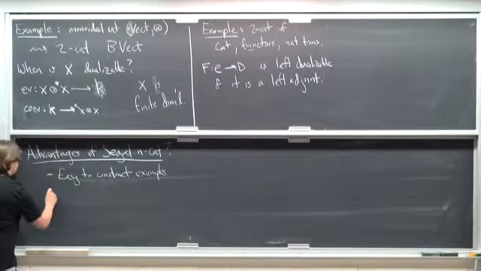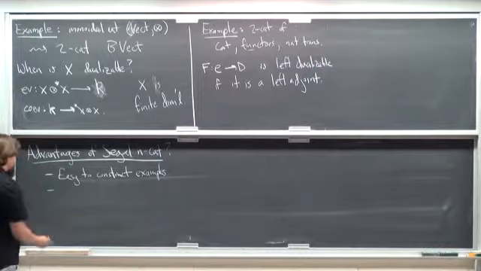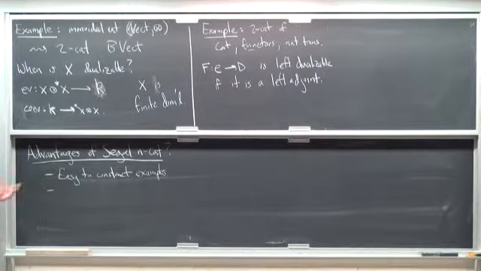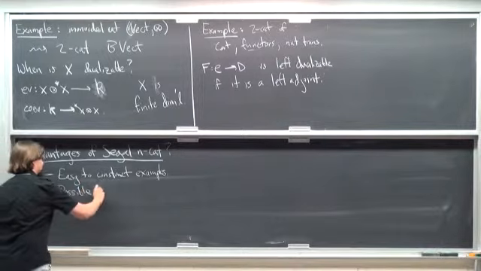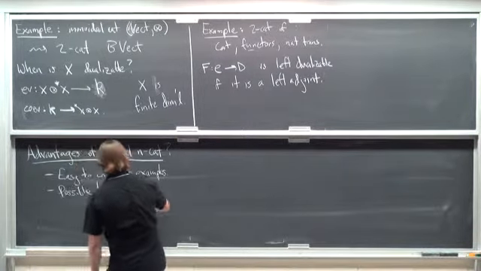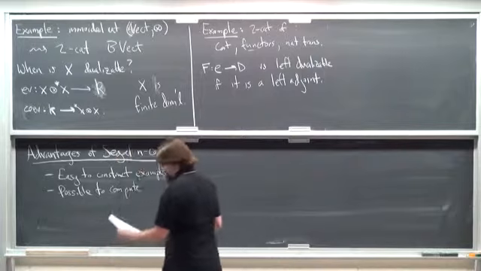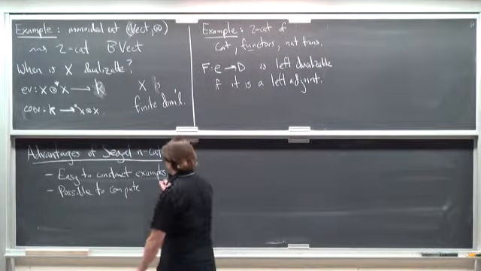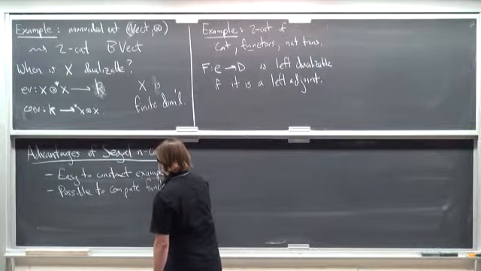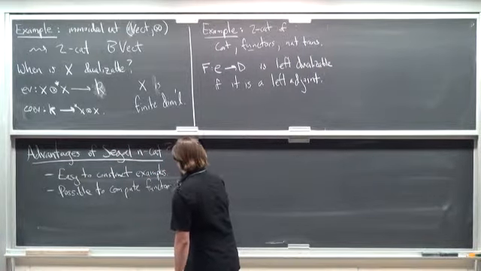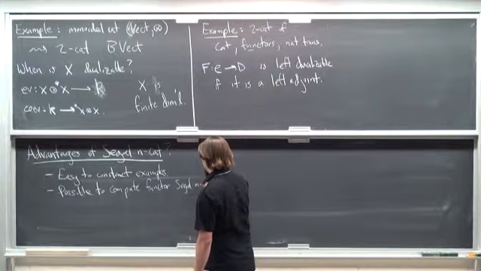Another advantage, which is that it's not quite, I wouldn't say it's easy, I'll say it's possible to compute functor objects, to compute functor Seagull N categories.